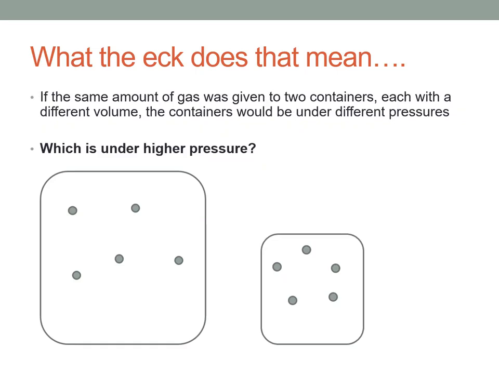What would happen if you shrunk the container? There's still the same amount of gas in each container, but you've actually reduced the volume on this container. So reducing the volume means you're shrinking the container in this case. So which one would be under higher pressure? And the answer would be this one.